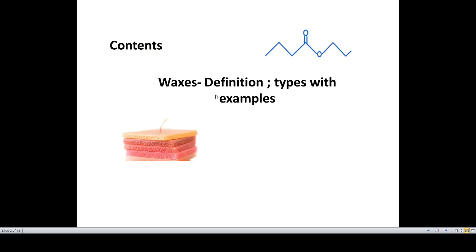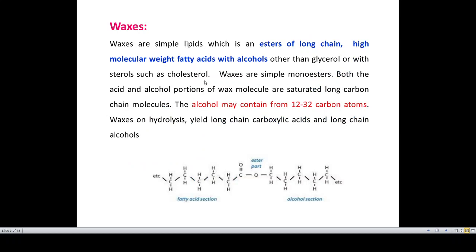In this video, which is the last video in this chapter under general chemistry, we will be learning what waxes are, I mean the definition, the different types of waxes with examples, and a few functions of the waxes. Let us define what waxes are.